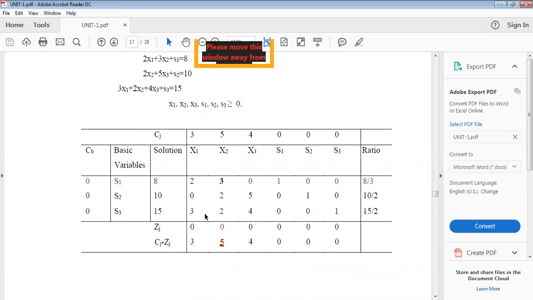Cj minus Zj means 3 minus 0, 5 minus 0, 4 minus 0, and 0 minus 0, 0 minus 0, 0 minus 0, like this. You will get all the Cj minus Zj values as follows.